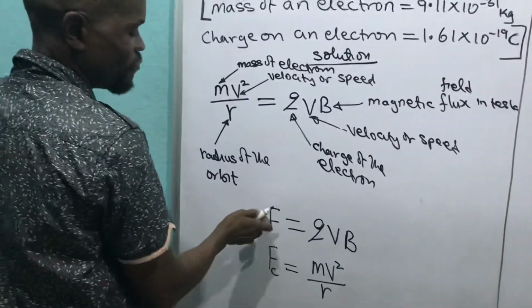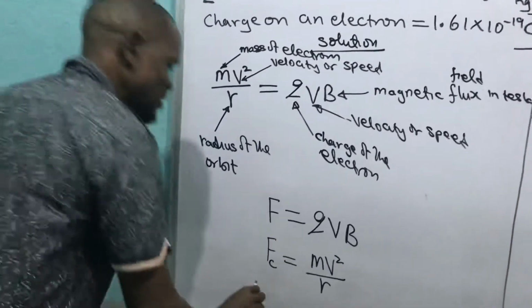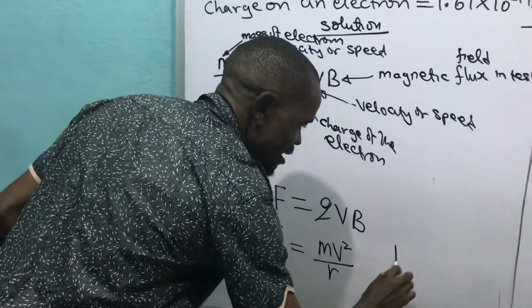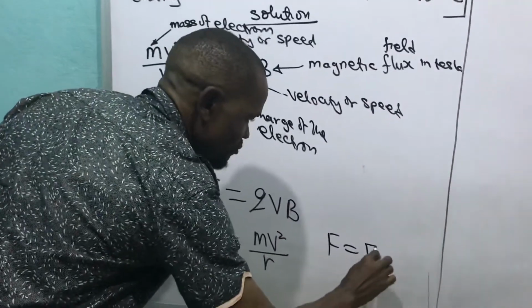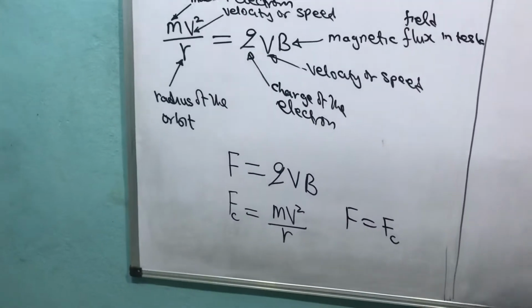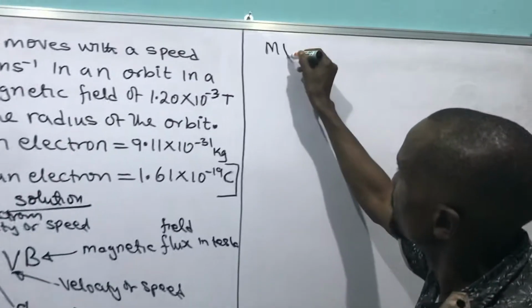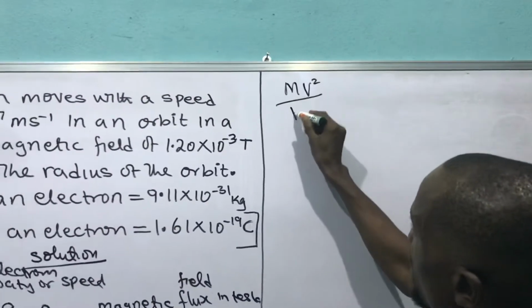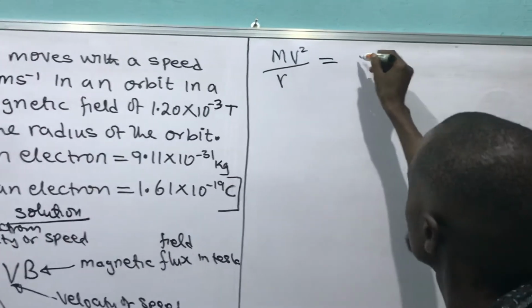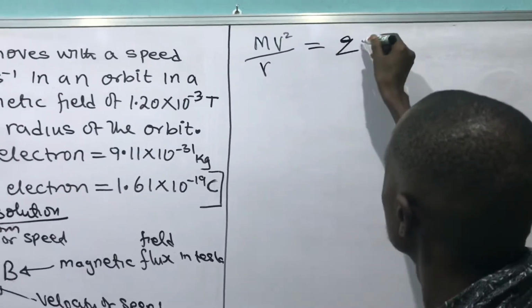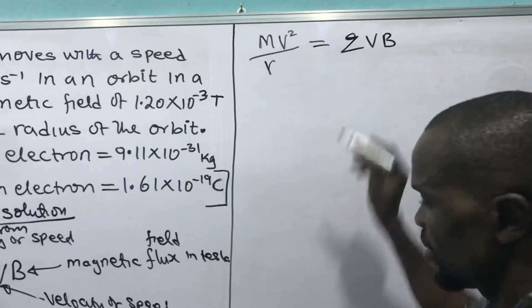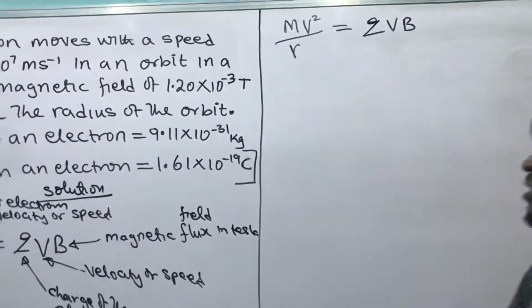These two are forces, and the forces are the same. Therefore, we equate them: F equals Fc. That's how we get this formula: mv squared all over r is equal to qvB, because the forces are the same.